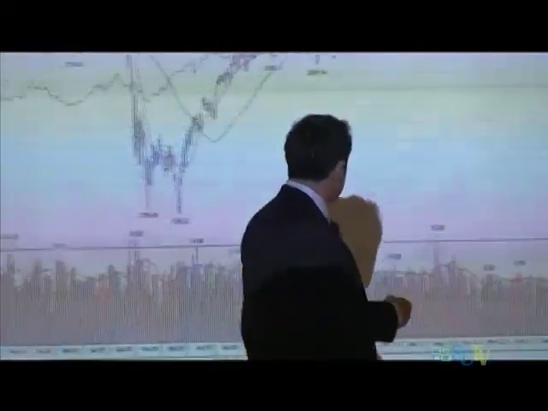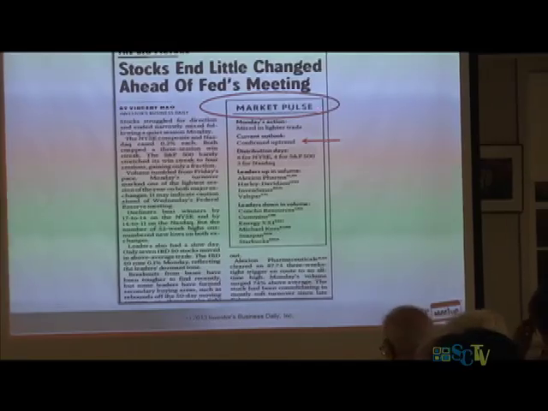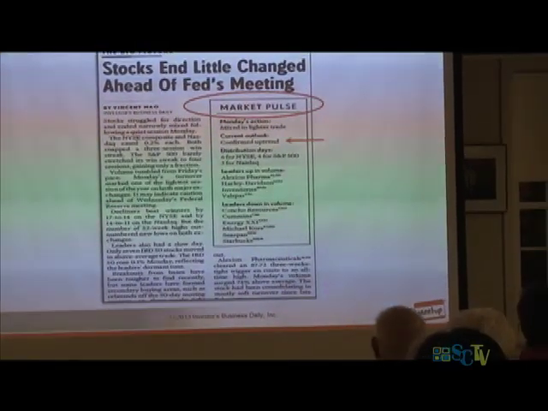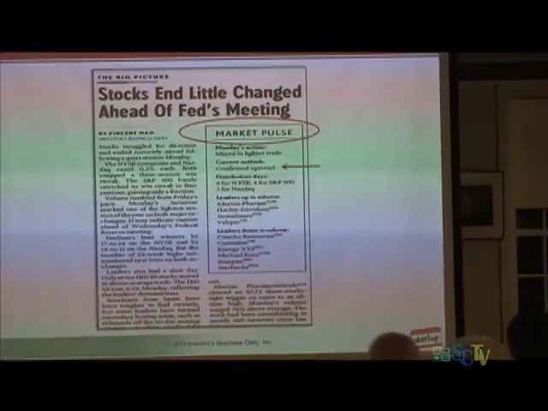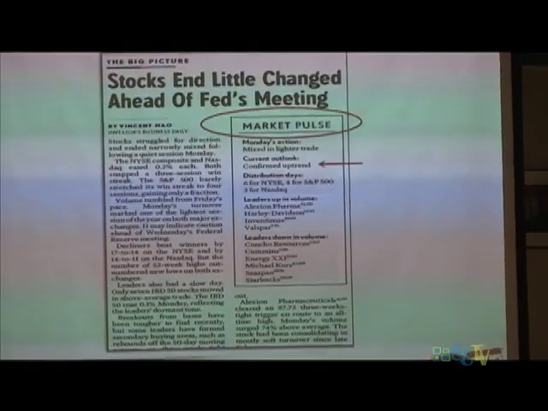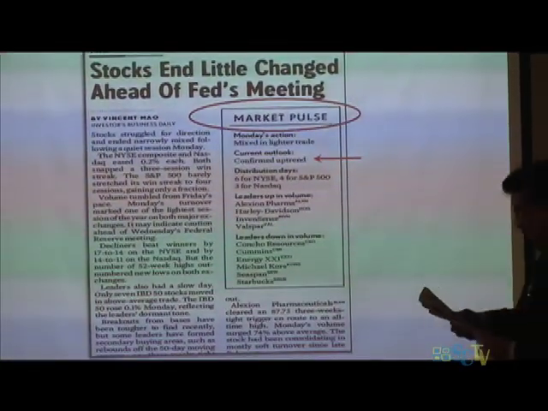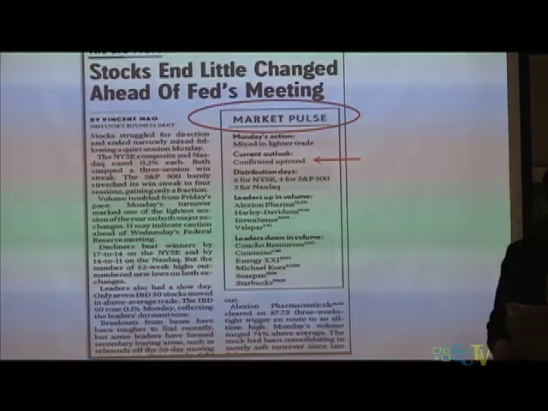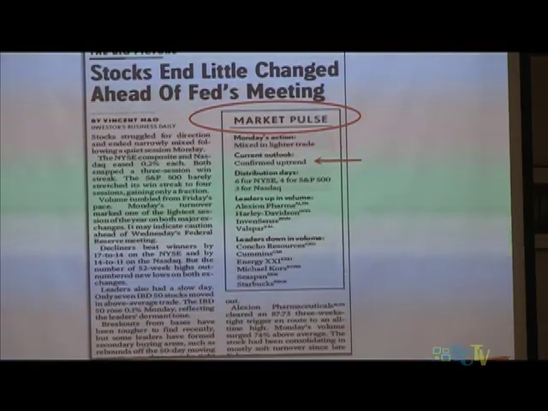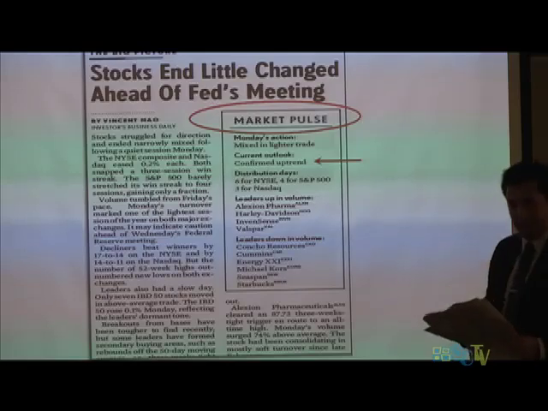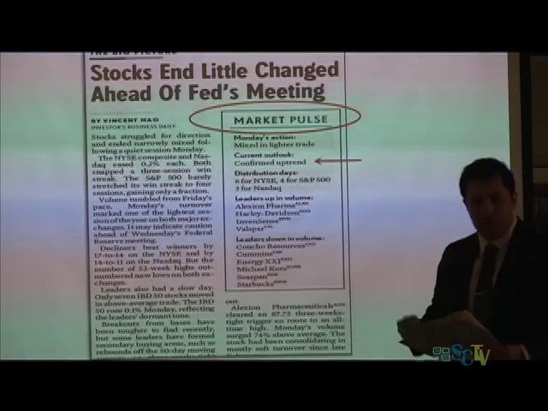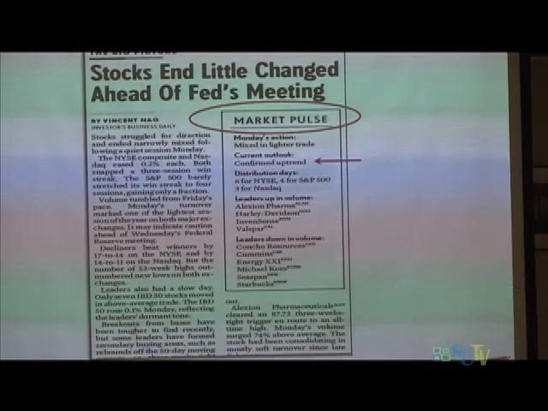In the paper, there's a section called The Big Picture, and within it there's a box that says Market Pulse. That's where you will find the current outlook. What does it say in today's paper? Confirmed uptrend. So right now, you have the green light to buy stocks. It's a much safer environment.